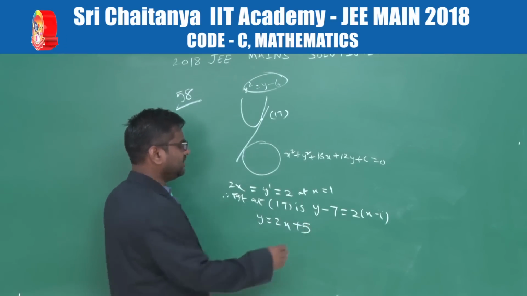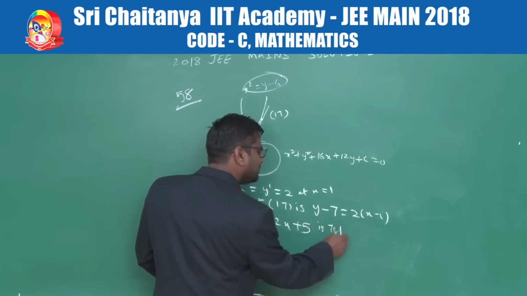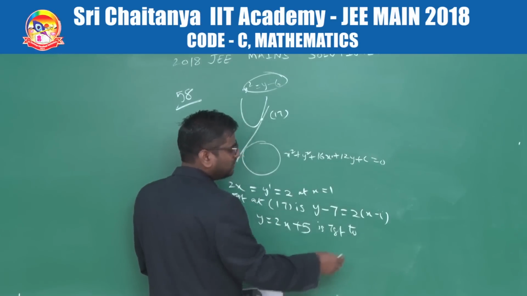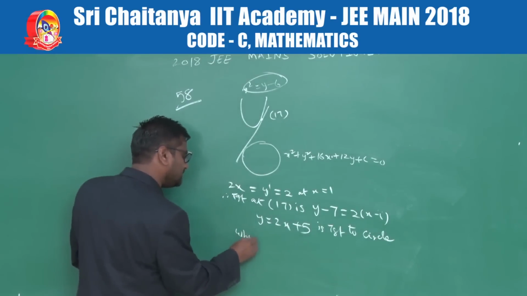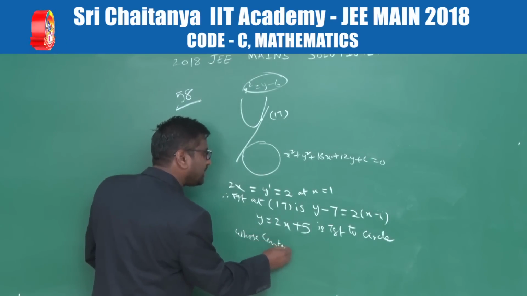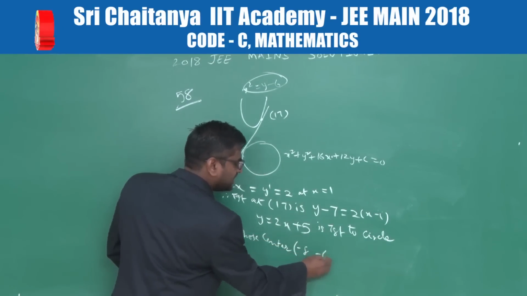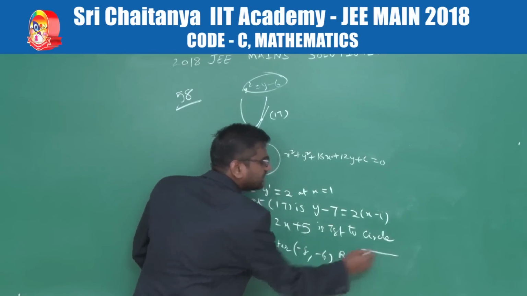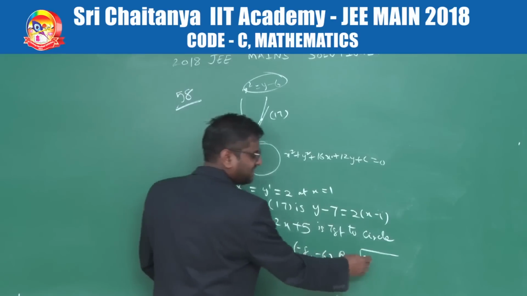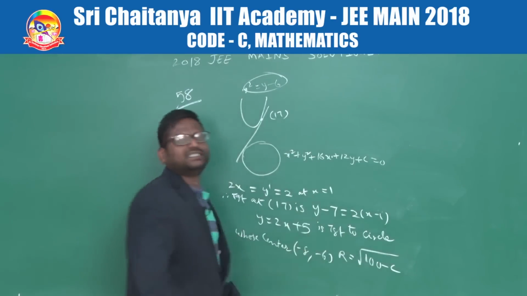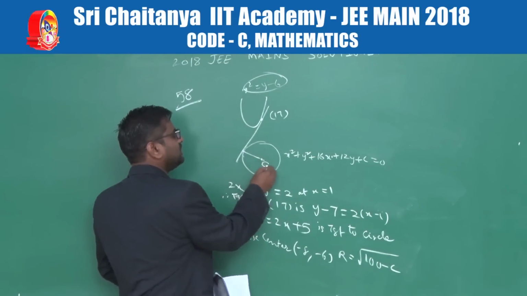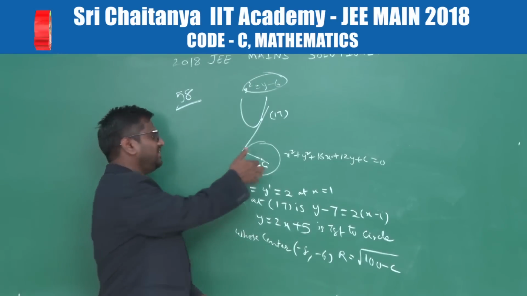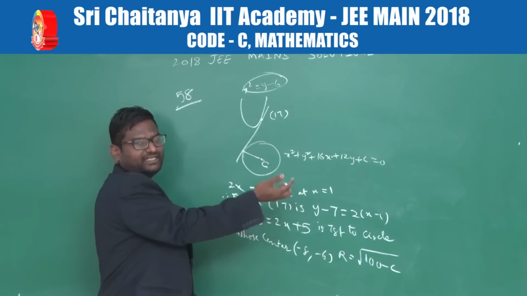Now this line is tangent to this circle whose center is (-8, -6) and whose radius is the square root of g square + f square - c, that is, root of 100 - c. Since the line is tangent to the circle, the perpendicular distance from the center to the line should be equal to the radius.